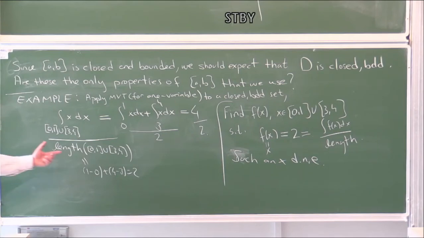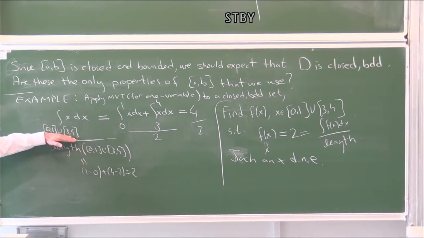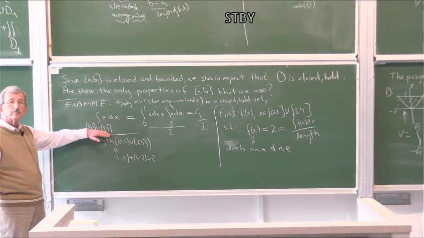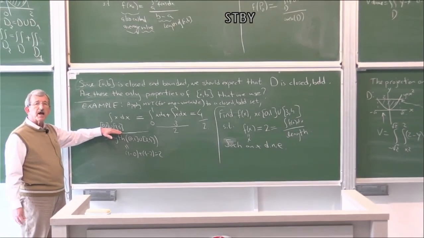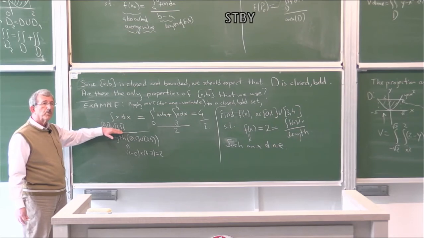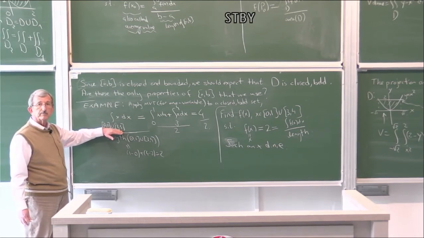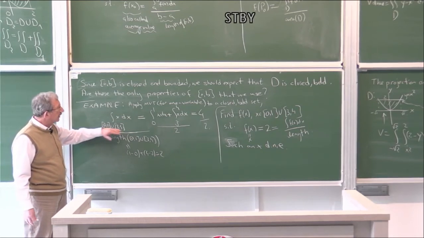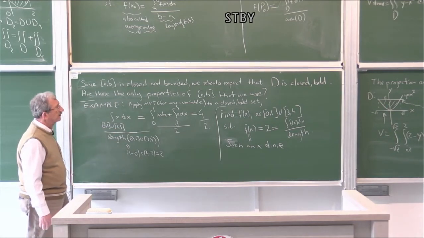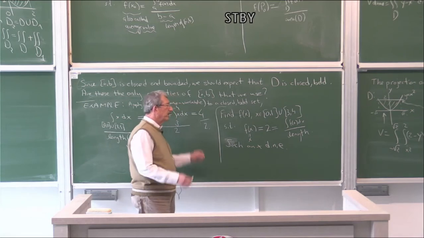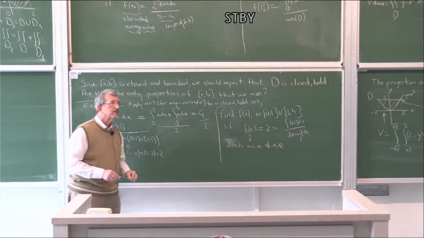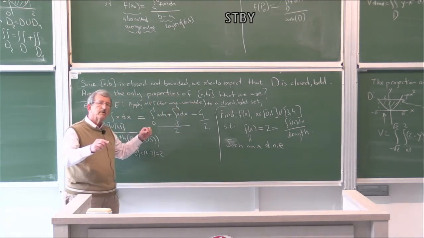Well, this set is still closed and bounded, as an interval was, but it does not have a property which the interval has. That is, in the interval, if we choose any two points, everything in between is inside the interval.